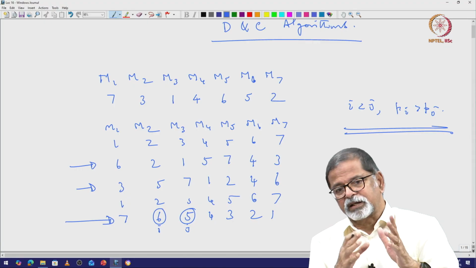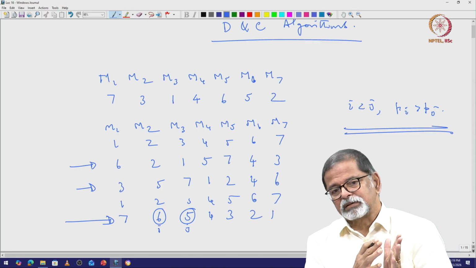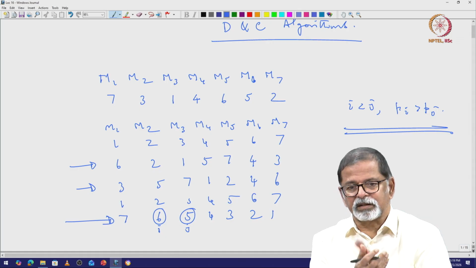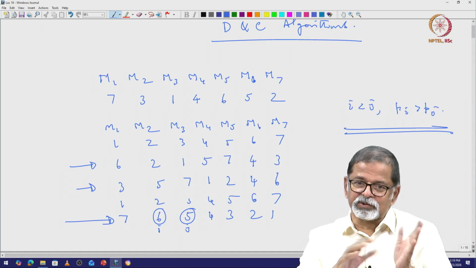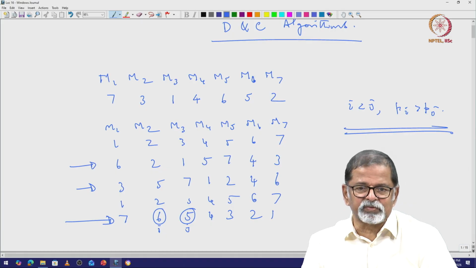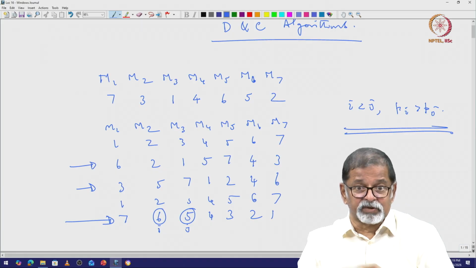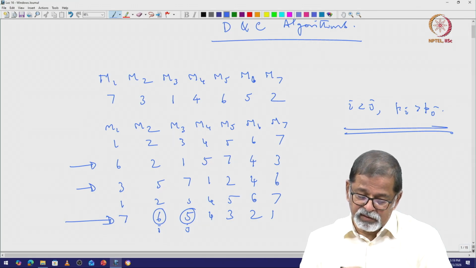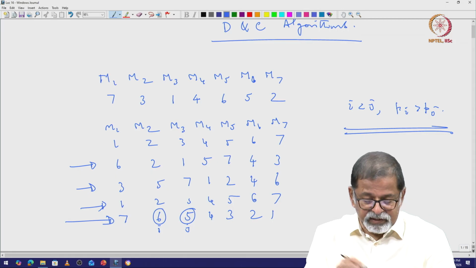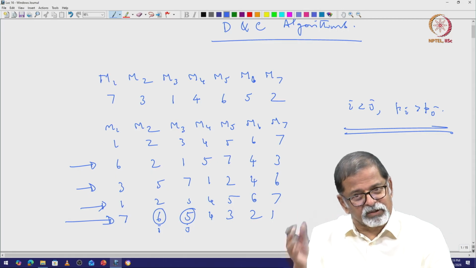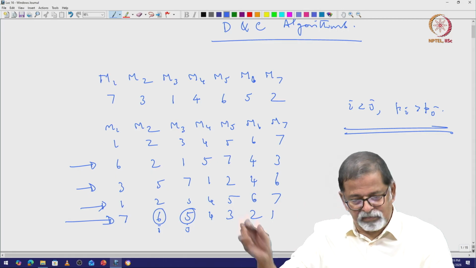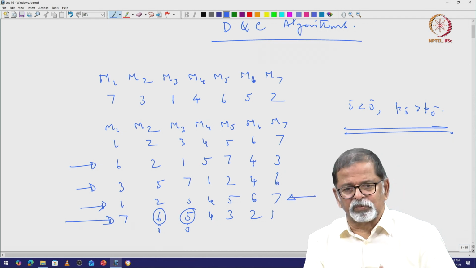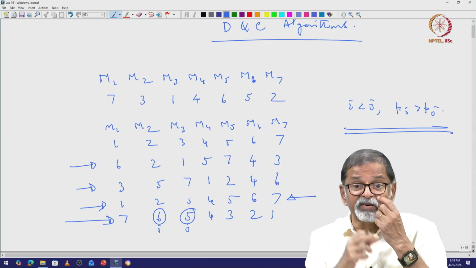Okay. You rated one movie to be worse than the other, but the other person has rated it the other way. So, there is an inversion, which means there is a difference of opinion here. If there is no inversion, like this, if i is less than j, pi is also less than pj, same taste. But if there is some difference of opinion, it will be reflected by an inversion.